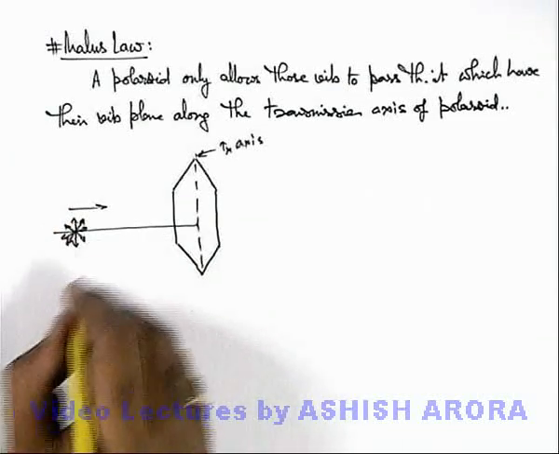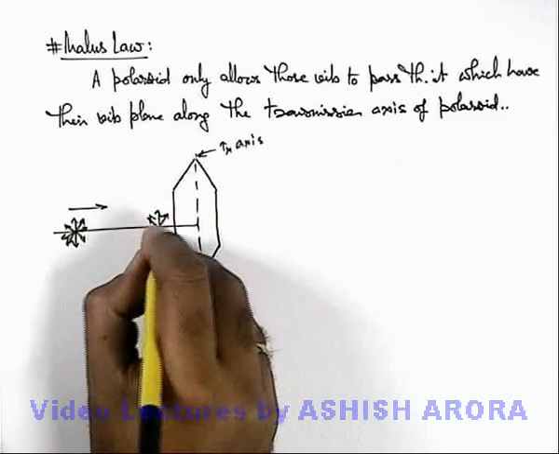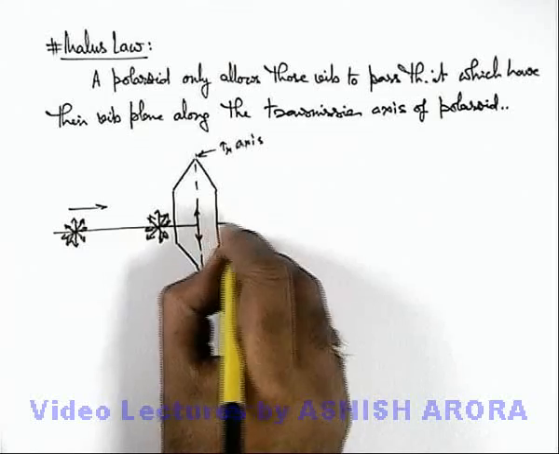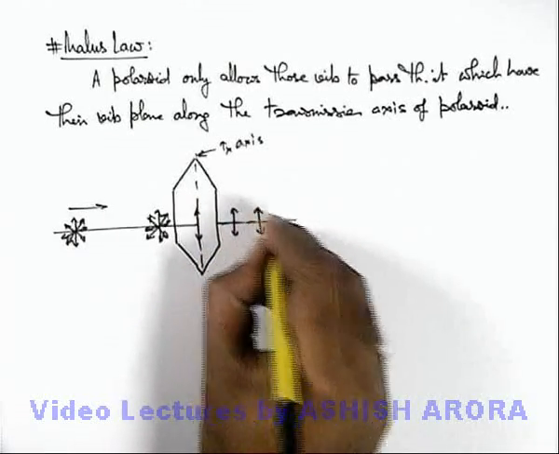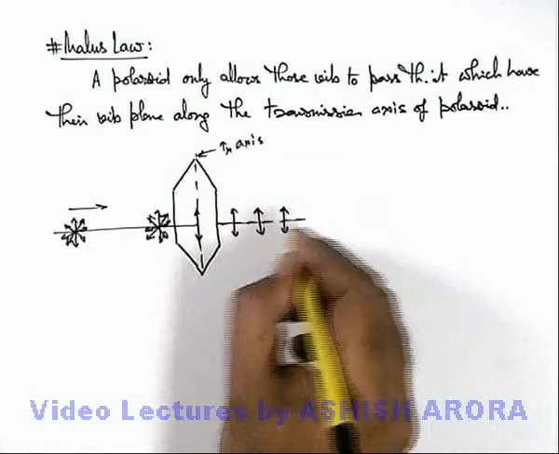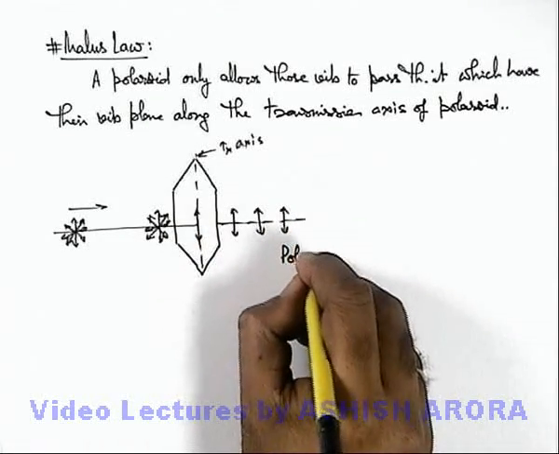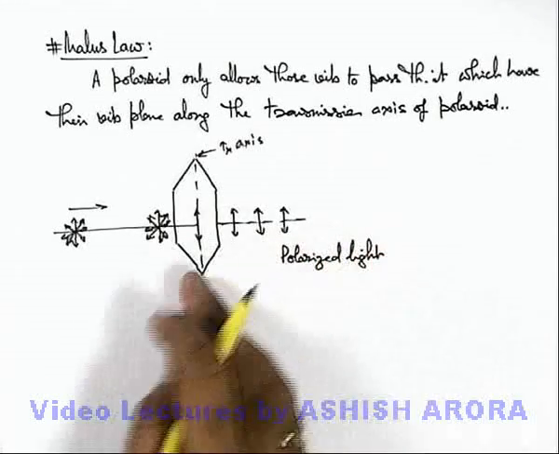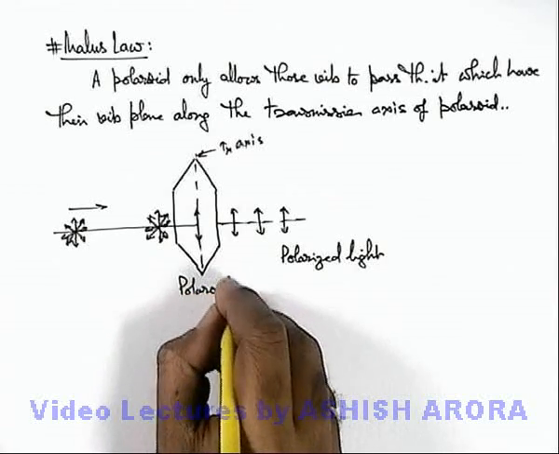When the light is incident onto the Polaroid, only the vibrational planes which are along the transmission axis are passed through it, and only those vibrations come out of the Polaroid; the rest are absorbed. Now this is the polarized light which is coming out from a Polaroid. This is the symbol we are using for Polaroid.